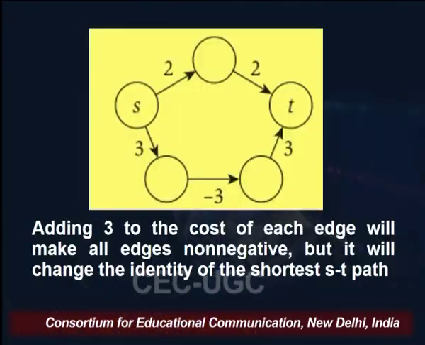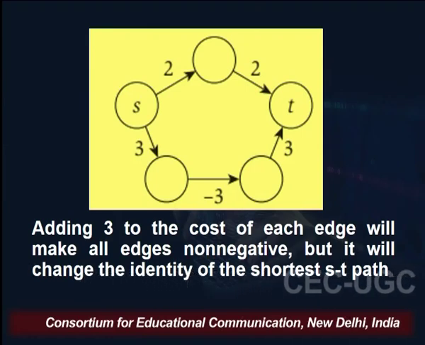So if we operate on each edge in this figure by 3, then the shortest path will not remain the same as in the previous situation when we had not operated. So we need a mechanism to handle these negative edge weights.